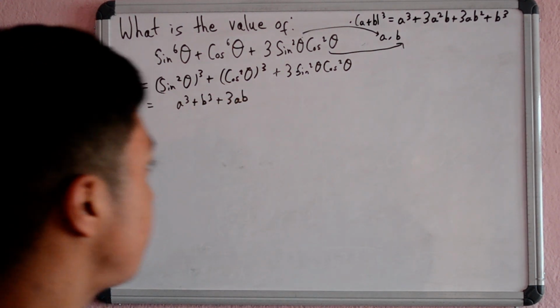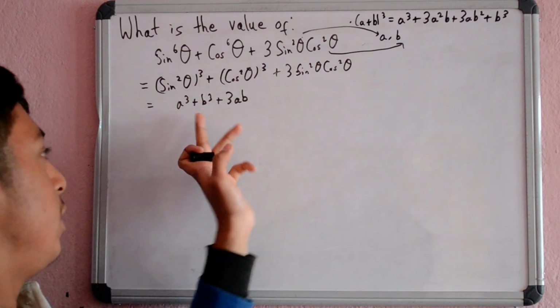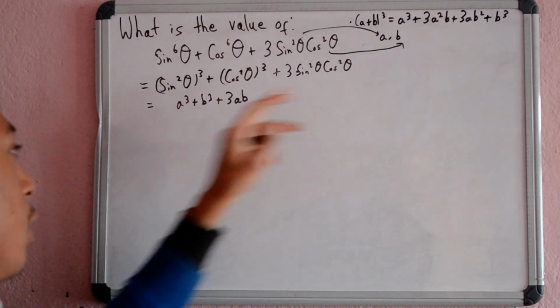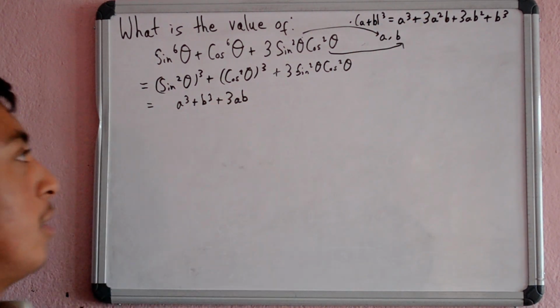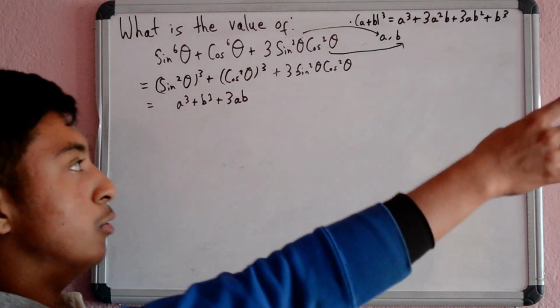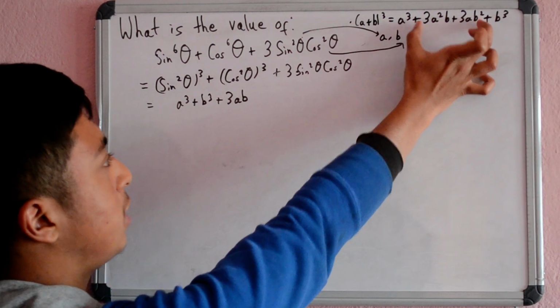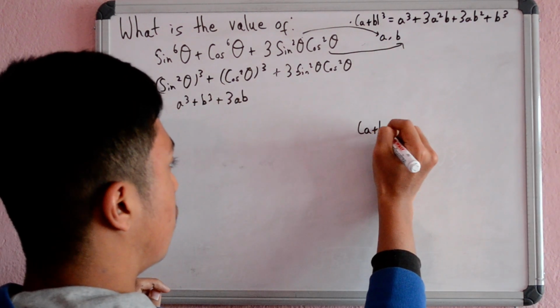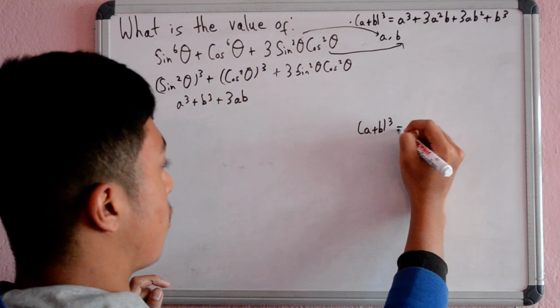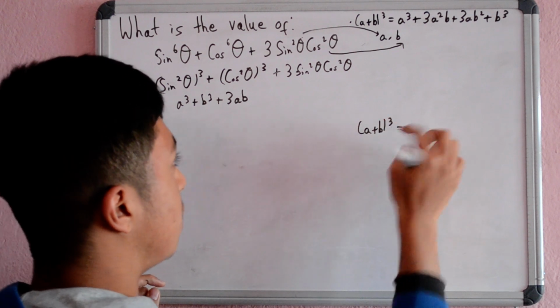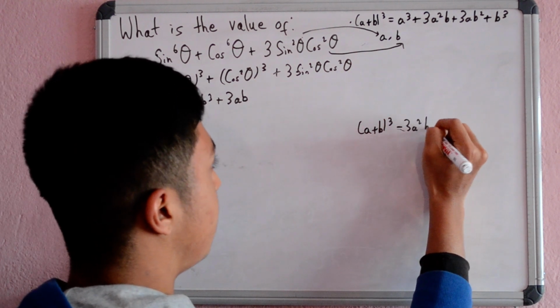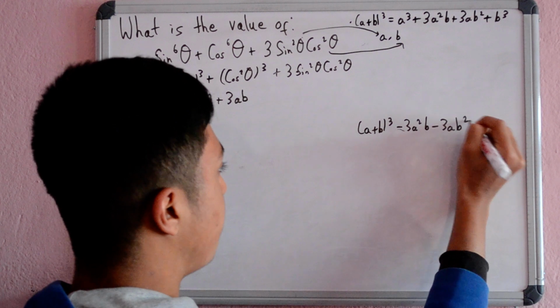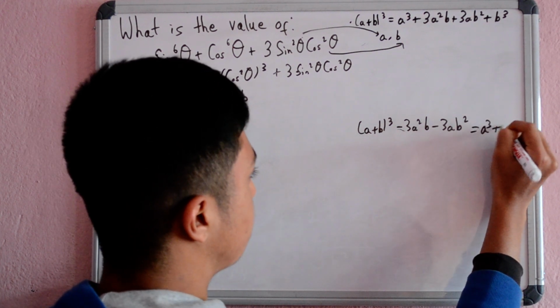Now, we want a plus b whole cube, but we have a cube plus b cube. But right here we also have a cube plus b cube. That means we just have to put this on the left hand side. So a plus b whole cube minus 3a square b minus 3ab square will be equal to a cube plus b cube.